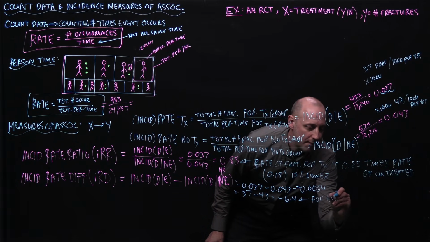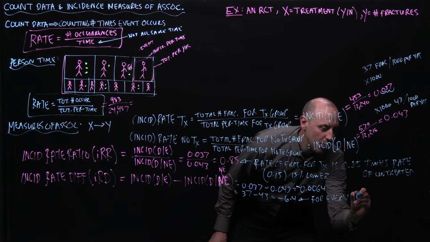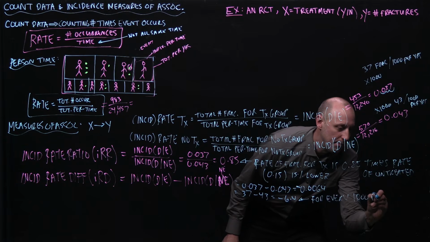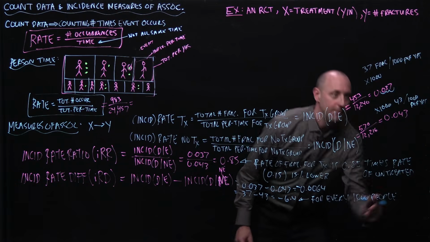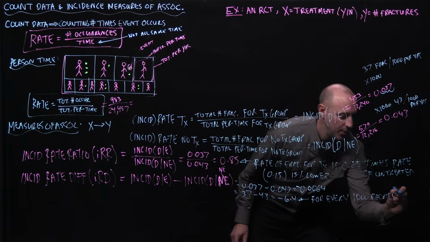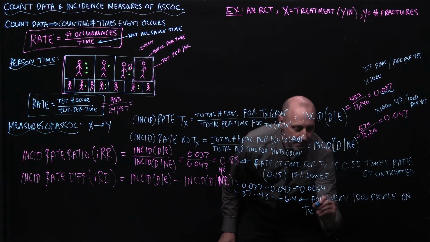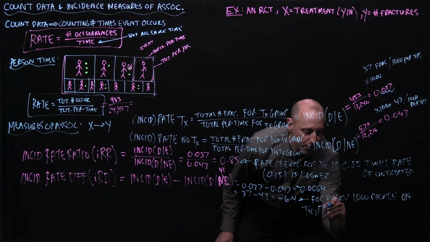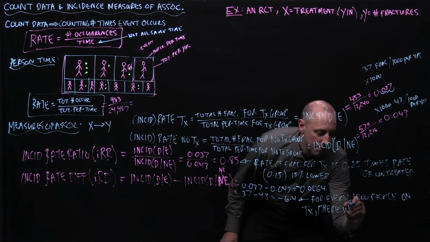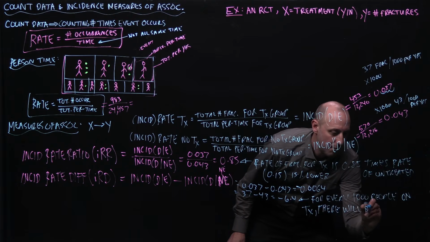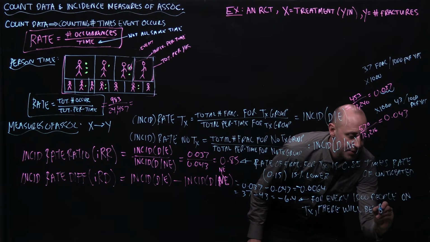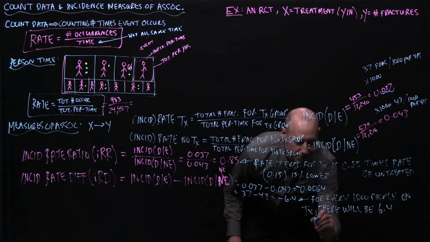For every 1,000 people, so for every 1,000 people on treatment, there will be 6.4 fewer fractures.